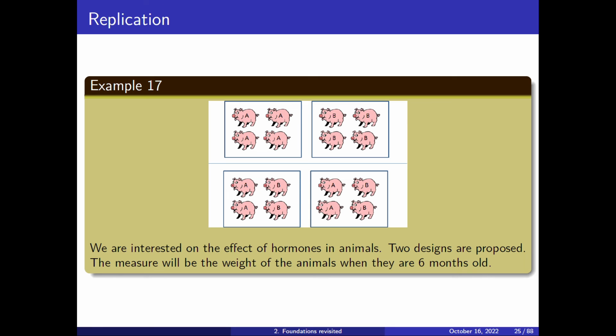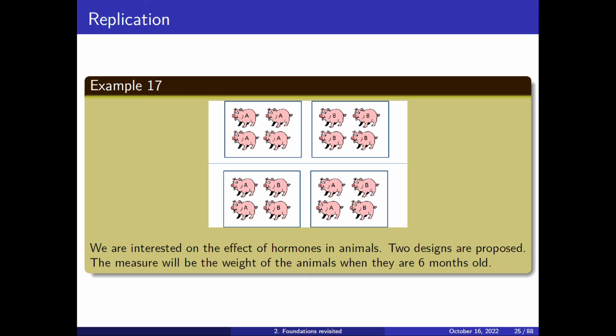So statistics cannot tell you what will happen, what is the effect of the hormones, why you see these differences. This is up to the experimenter to know, and statistics can tell you what you will be able to detect if this is the situation.